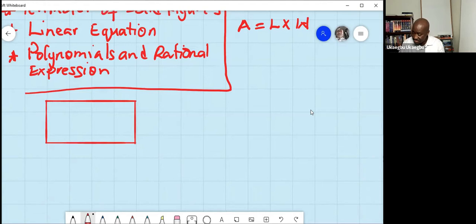I can say this is x plus 2. Then I can say that this is x plus 3. And what is the area? Area is equal to what?